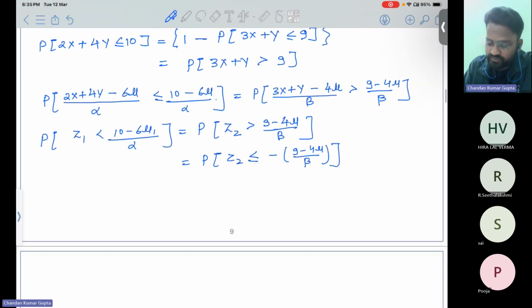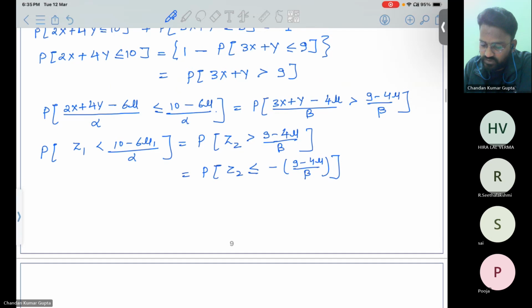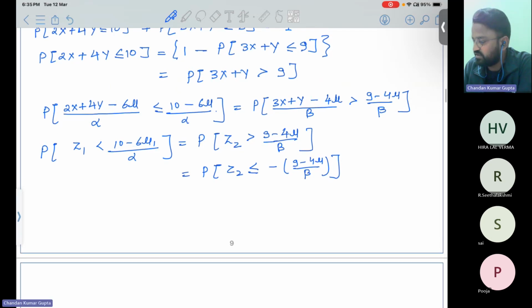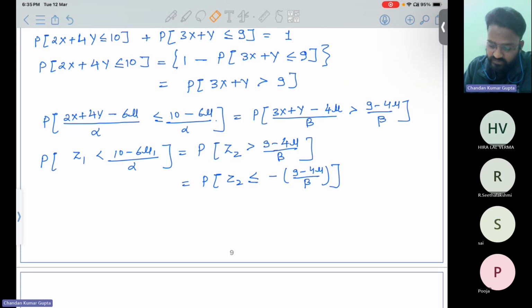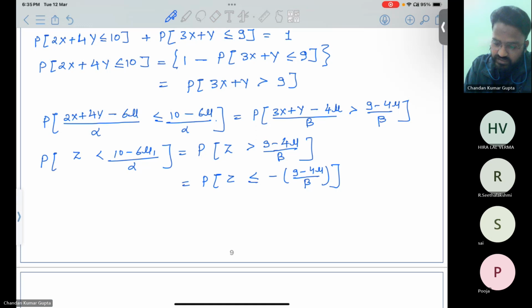Here, I think we do not have to write Z1 and Z2. We can directly write Z because this is standardized.